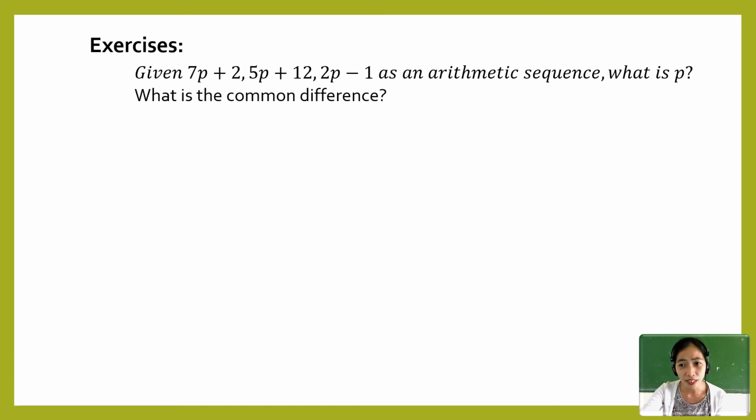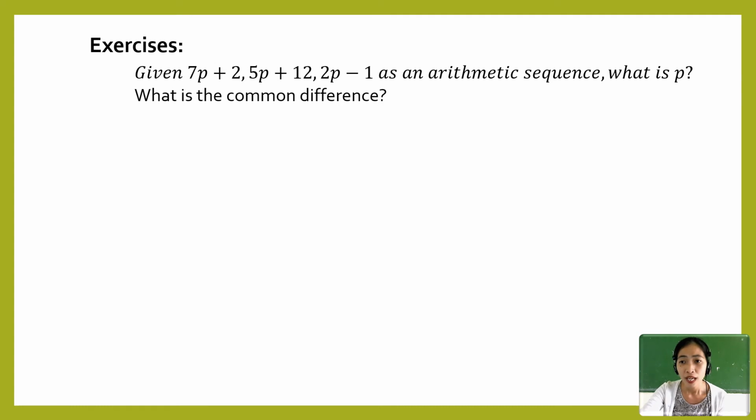Note that your first term is 7p plus 2, your second term is 5p plus 12, and your third term is 2p minus 1.